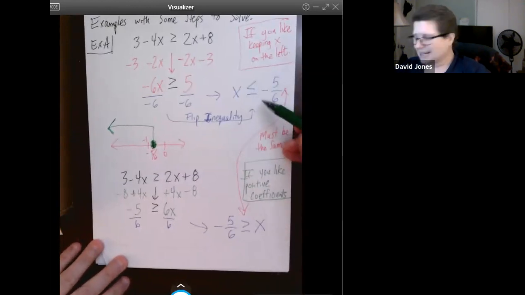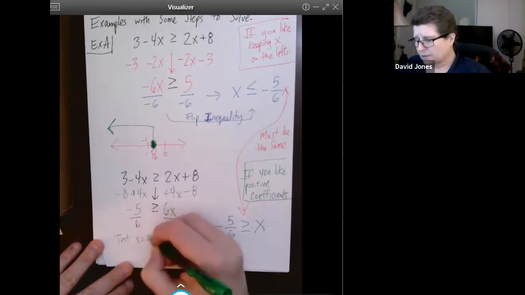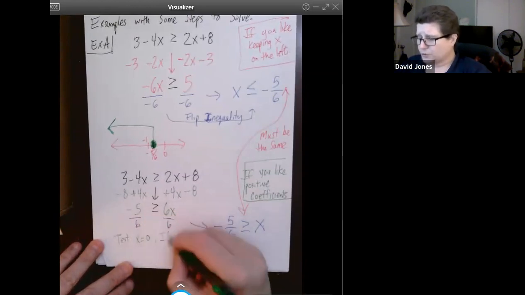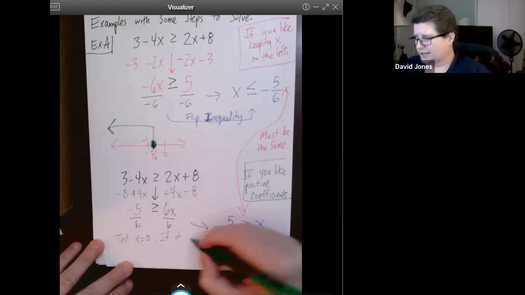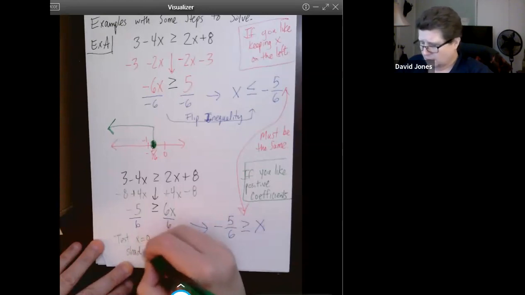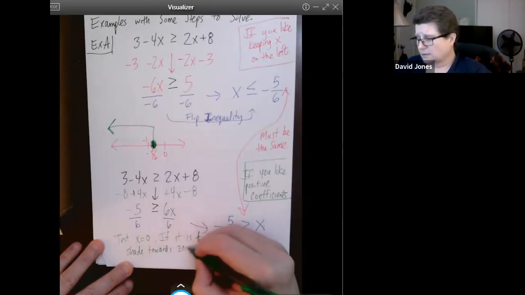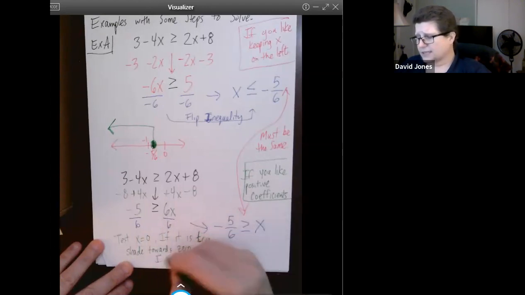When x is not on the left, when you got it on the right, I recommend test x equals 0. If it's true, shade that. If it is true, shade towards 0. If it's false, shade the other direction.